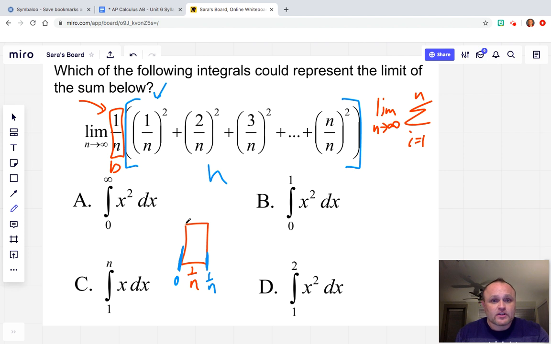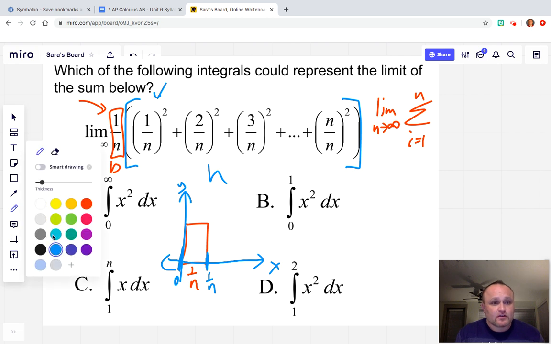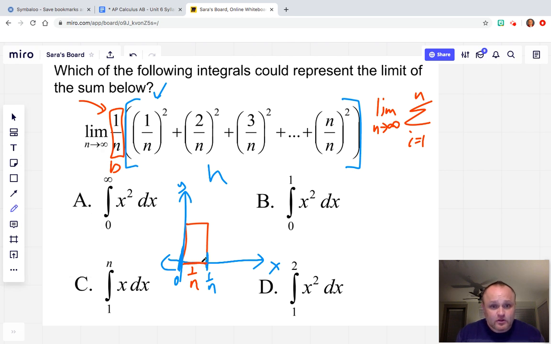So if I was looking at this like, here is my x and y axis, the base of the first rectangle, that width, is 1 over n. So each jump is 1 over n. That's this delta x right here, the width of the base of each and every one of those.